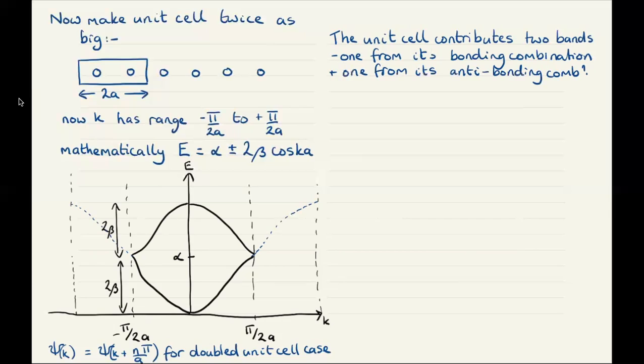And so if we start within the unit cell with an antibonding combination, or within the unit cell with a bonding combination, we can then work out for different K values what the energy of these combinations is. So let's look at the antibonding combination and the bonding combination, first at K is equal to 0.